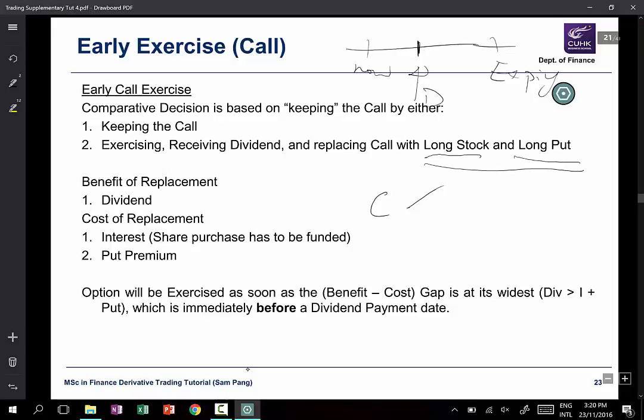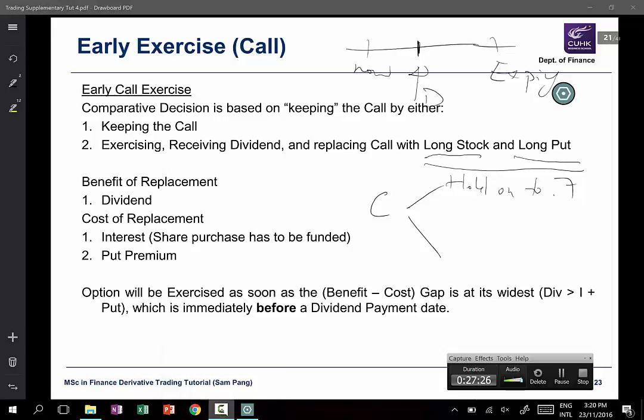First, you just hold on to your call. Or alternatively, you can exercise your call, which means when you exercise your call, what happens?